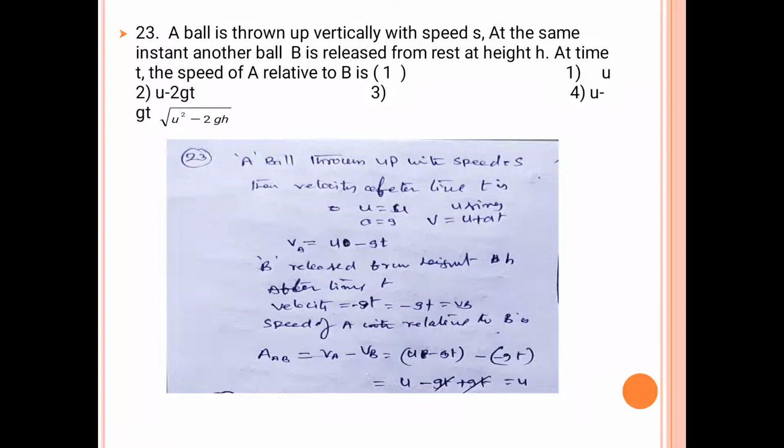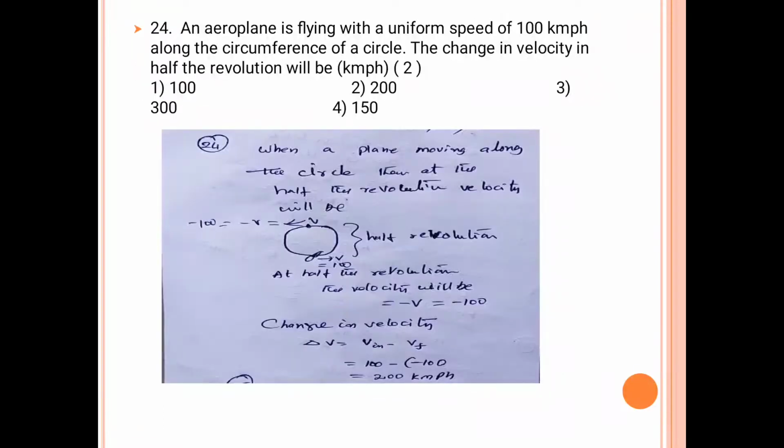Next, 24. Next question. An aeroplane is moving with uniform speed along a circle. Then on completing half of the revolution, what is the change in velocity?